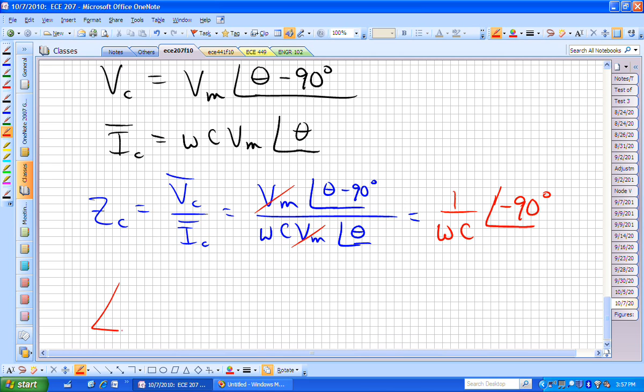And now this minus 90 degrees, if you're looking in the complex plane, that's minus J, isn't it? We're now down below the real axis by minus 90.